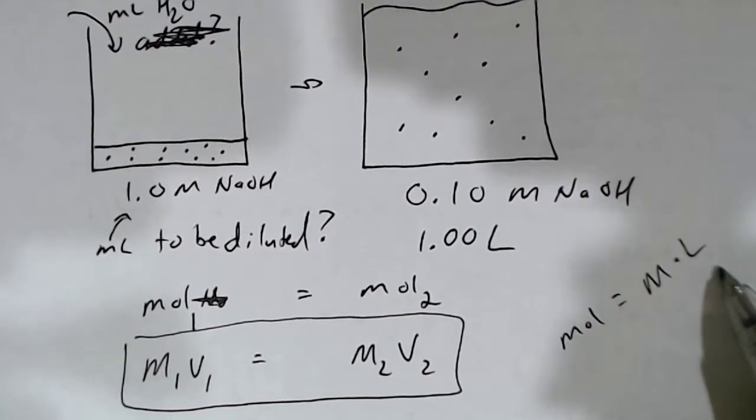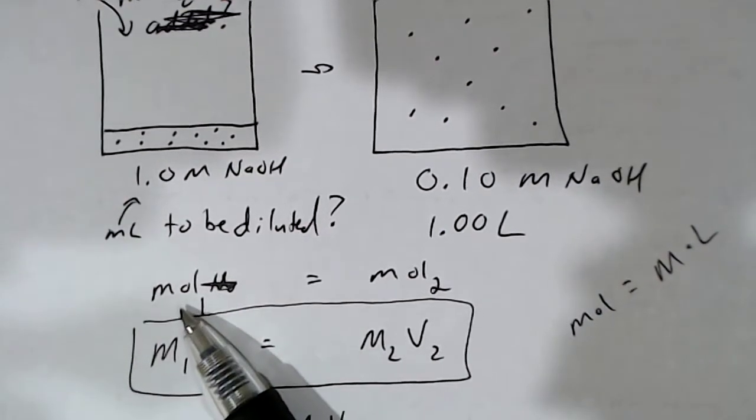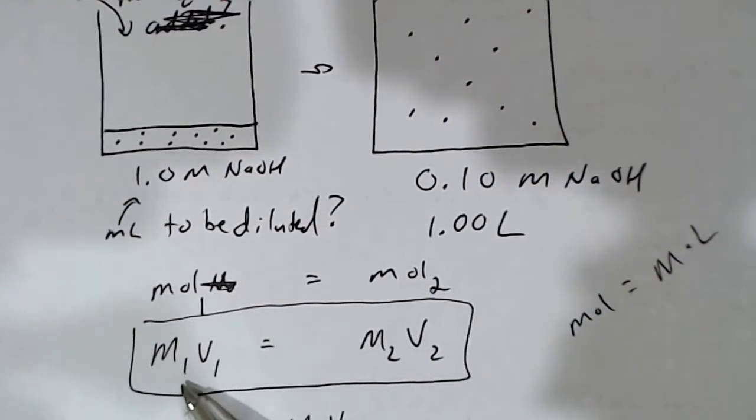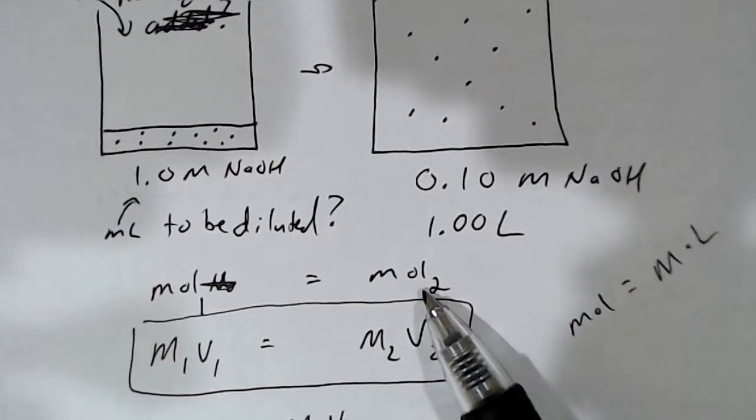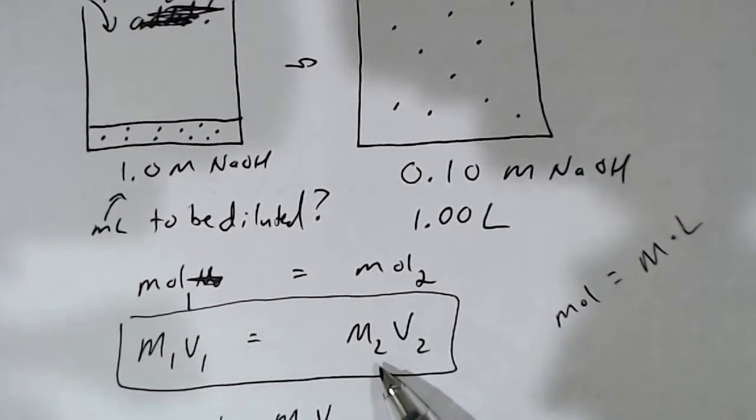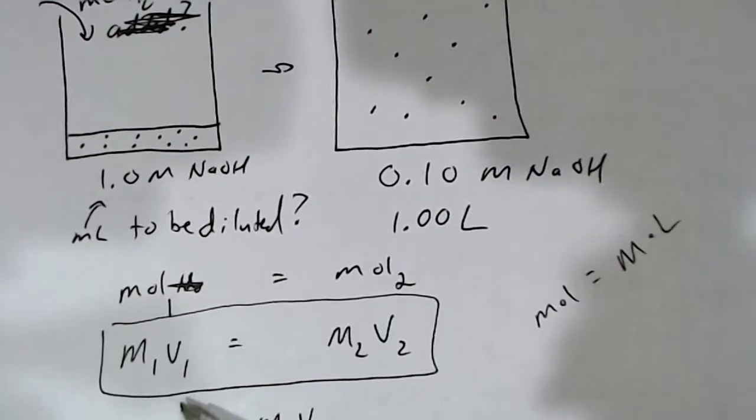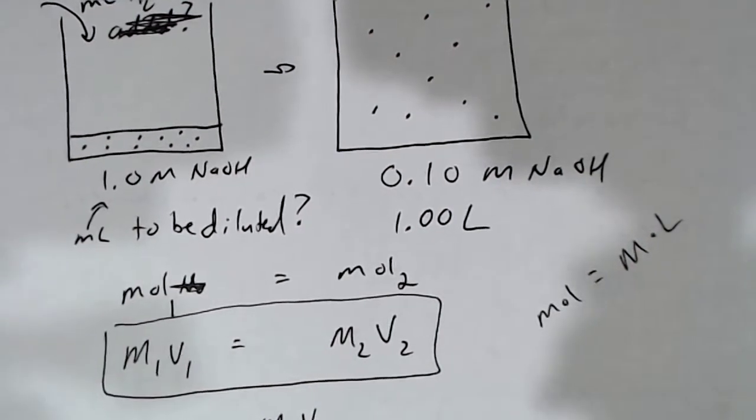Moles is molarity times liters. And so replace moles at the beginning with molarity at the beginning times the volume at the beginning, M1 and V1. And then replace moles at the end with molarity at the end times volume at the end, M2, V2. So you'll use this equation quite a bit.